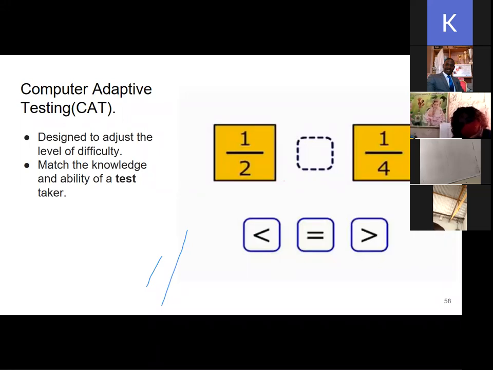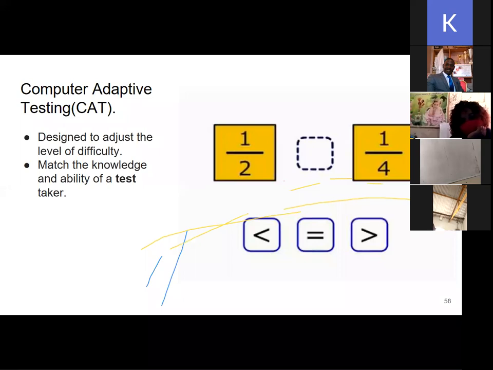Therefore, linear tests typically include a large number of items of average difficulty and a few items of lower and of higher difficulty. This creates problems for the accurate estimation of examinees at the extreme end of the ability continuum. So that is it with adaptive testing.